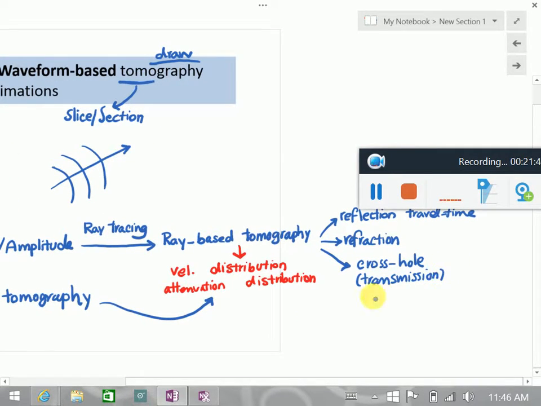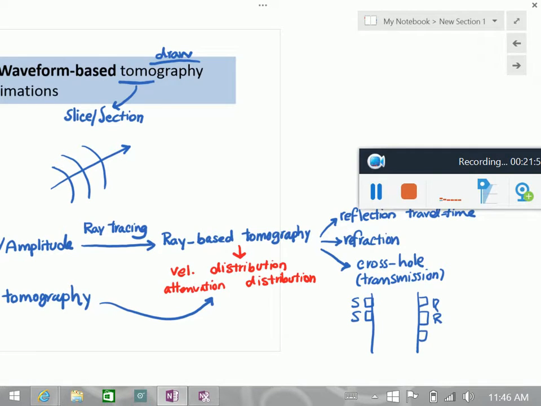When I say crosshole, you know how in transmission we have a sender, and here we have receivers on both sides. In seismology, since you want to probe the earth, there are no sides to it, right? So what people do is drill boreholes, and they lower down sources and receivers, right?